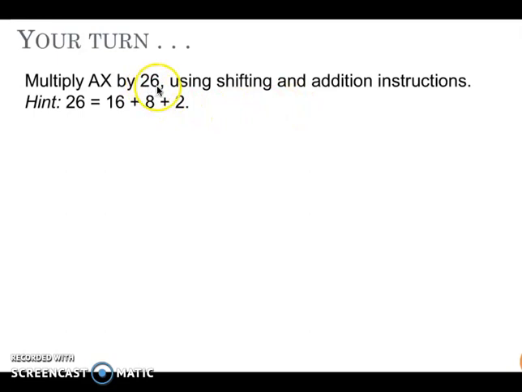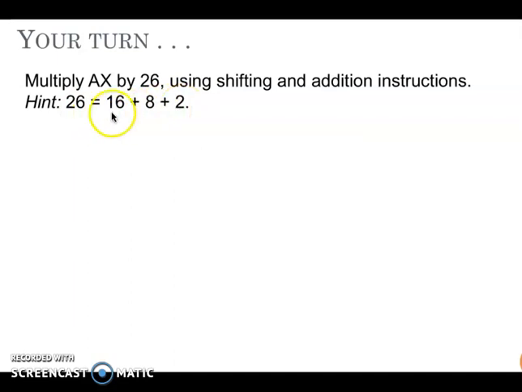The hint is, can you break down 26 into 2 to the nth powers added together? We know 26, the closest one is 16, which is 2 to the 4th power. Then 26 minus 16 leaves 10 that I still need to fill up, and 10 equals 2 plus 8.